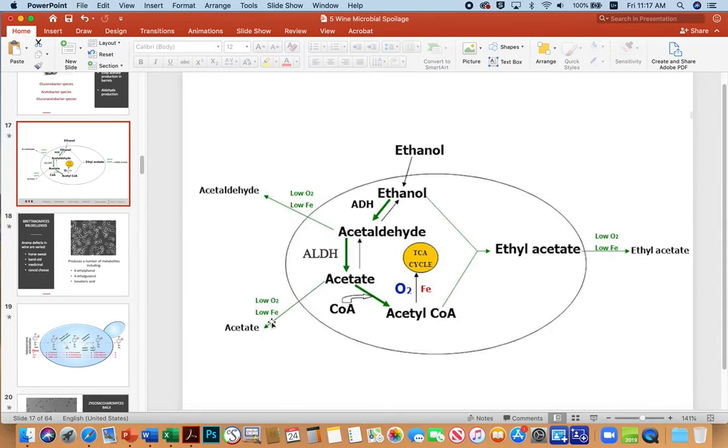This is typically what happens in wine fermentations where acetic acid bacteria are present, because it's mostly a low oxygen environment. So they'll spit some of this waste product into the environment. Some of the acetate will ultimately be used to make acetyl-CoA, which is an essential molecule that gets fed into the TCA cycle where the bacteria make energy. Some of this ethanol and acetyl-CoA can also combine to make the nail polish remover, basically, which is then spit into the environment as well.